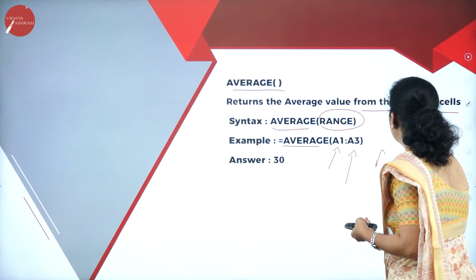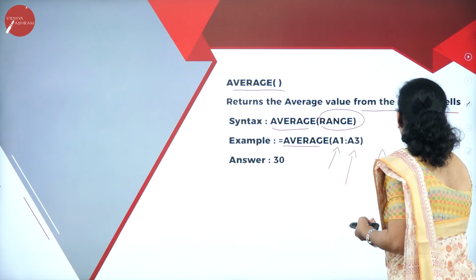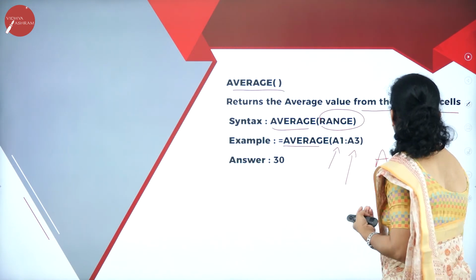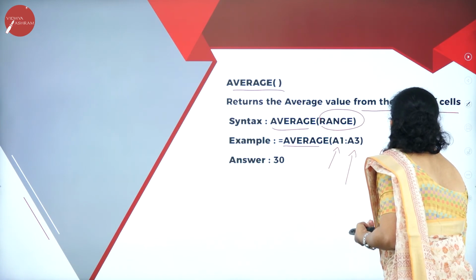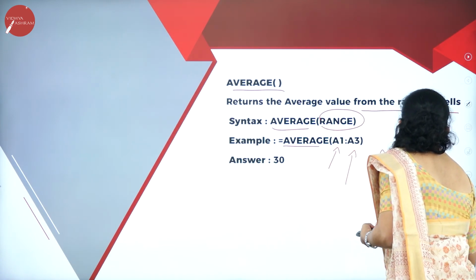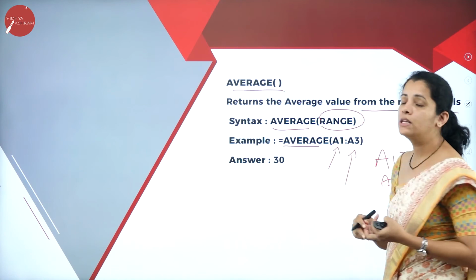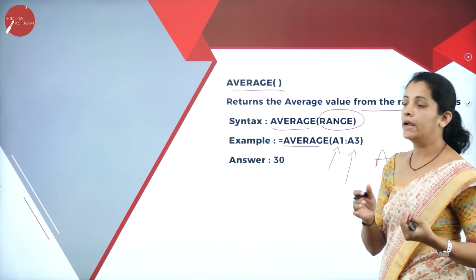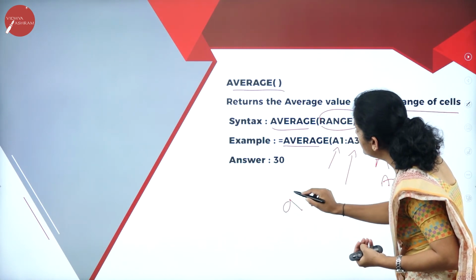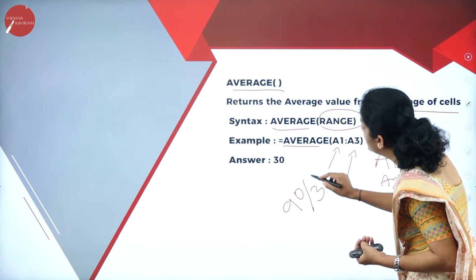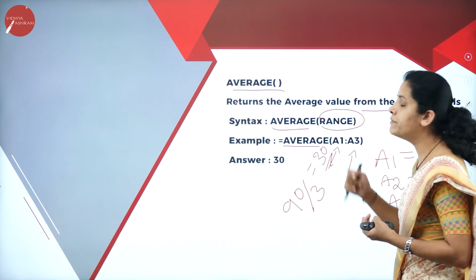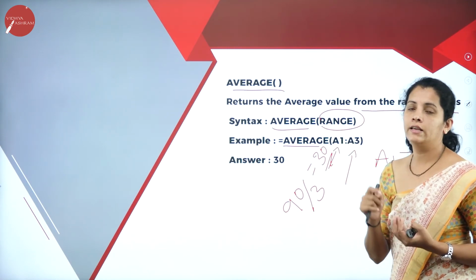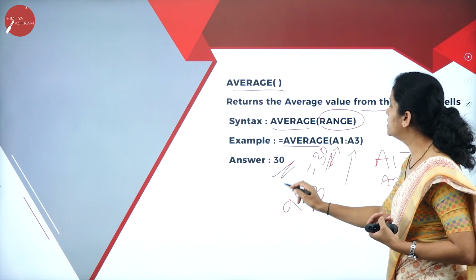That means think that A1 holds 30, A2 holds 30 and A3 holds 30. So 30 plus 30 plus 30 is 90. Now 90 divided by 3 is nothing but 30. So what is the average I'm going to get here? That is nothing but the 30.